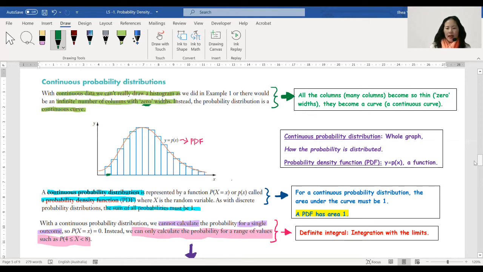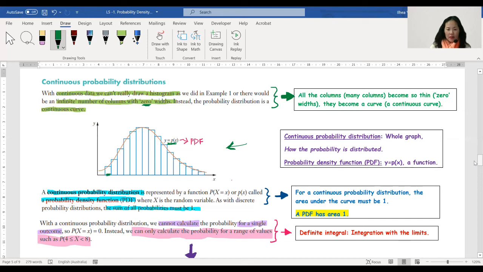When they talk about a continuous probability distribution, it's talking about the whole graph, the whole thing. But when we talk about the probability density function, that is y equals p of x.